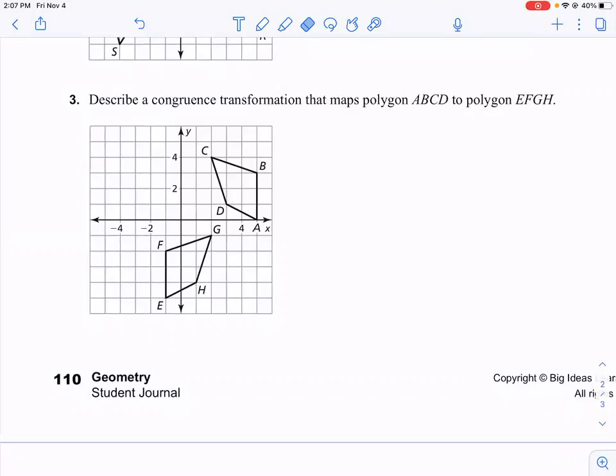Would you reflect across y equals 2? Oh, mine works too. There's a couple different ways.